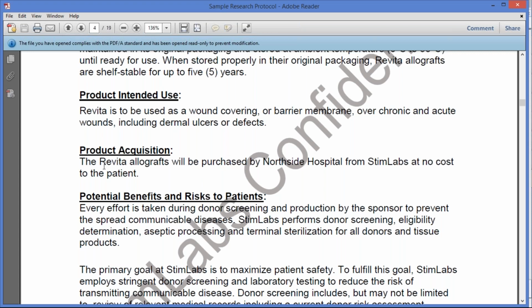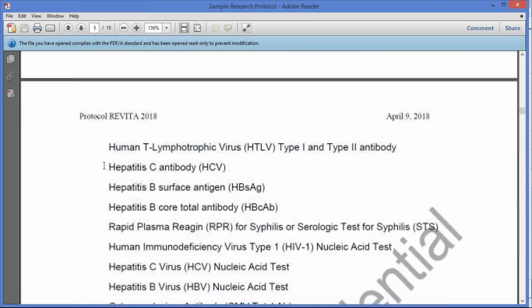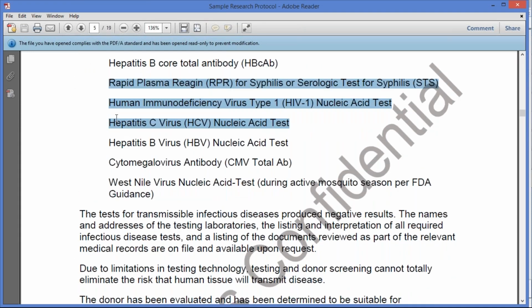The benefits and risks of the product are explained here. No need to even go through this.